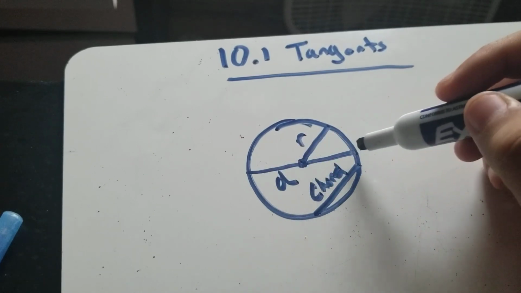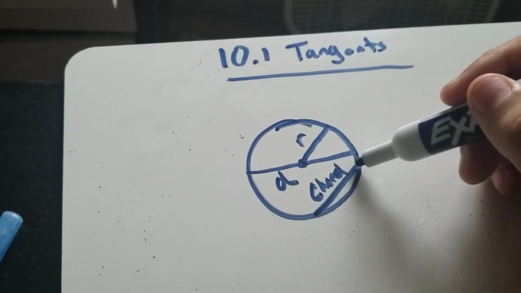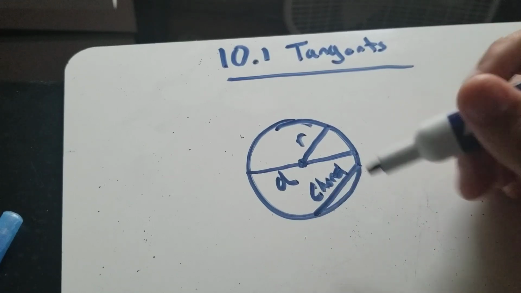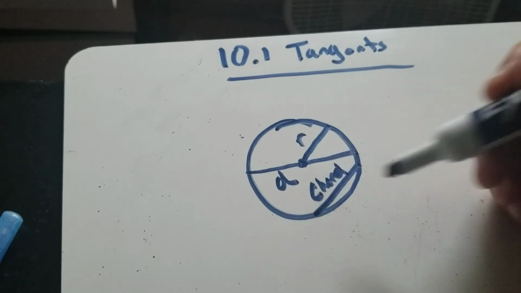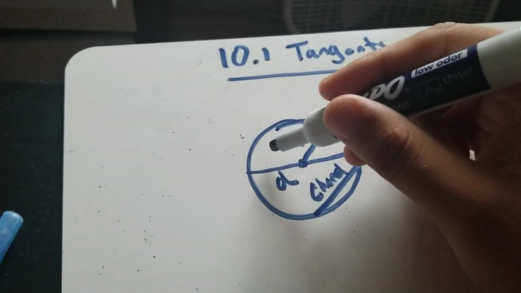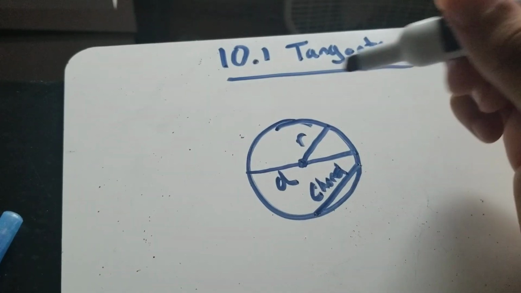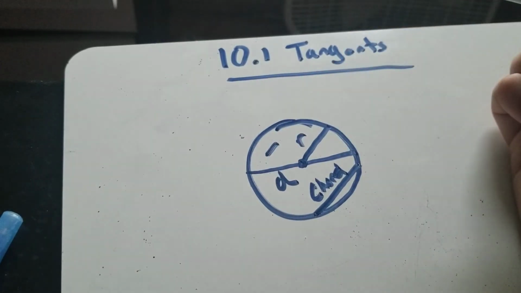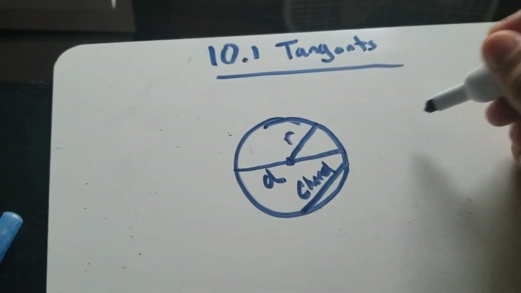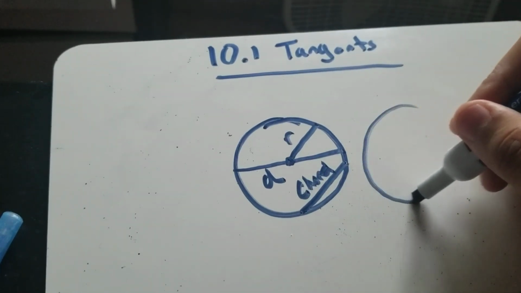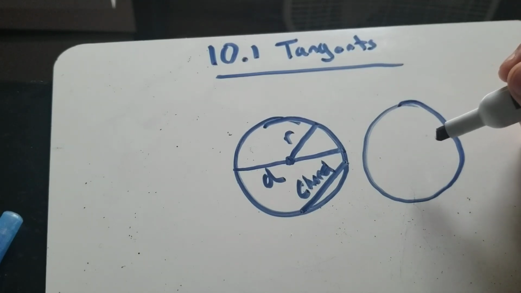A diameter happens to be a chord that does hit the middle, while a chord is just a line that hits edge to edge without hitting the middle. It has to hit an edge of the circle, and the other end has to hit the other edge of the circle. If it was floating in space, like this one right here, that wouldn't be a chord. So the first new one is chord: a line inside the circle that hits edge to edge.